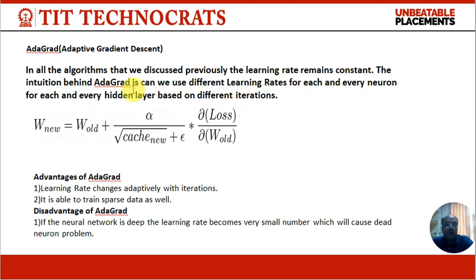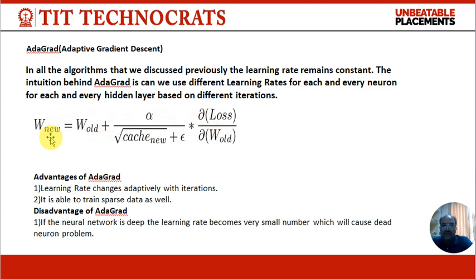So if you want to update the weight in each iteration, you need to update either the gradient or the learning rate.